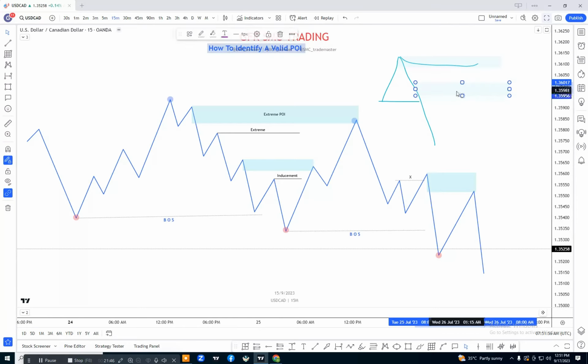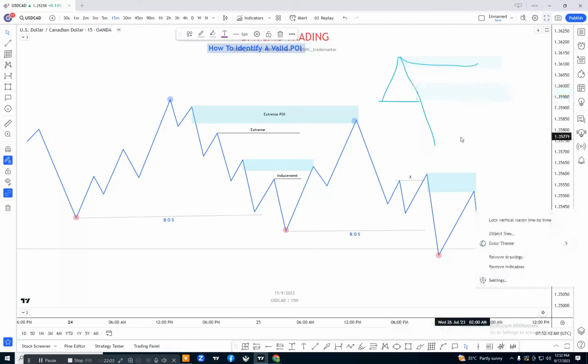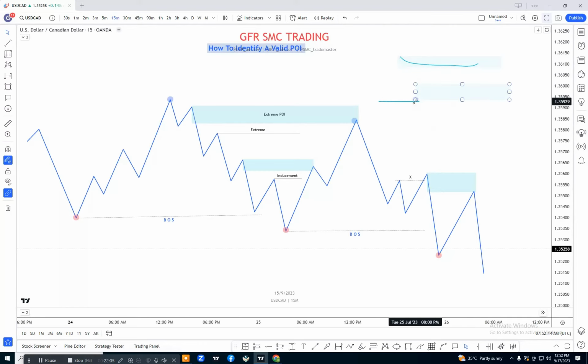The extreme order block will work 100%. The decisional order block will have the quality of 50%. Like this, it can work or cannot work, because the market has already the extreme order block as well. So how will this work? Let me clear this and focus on the diagram only.